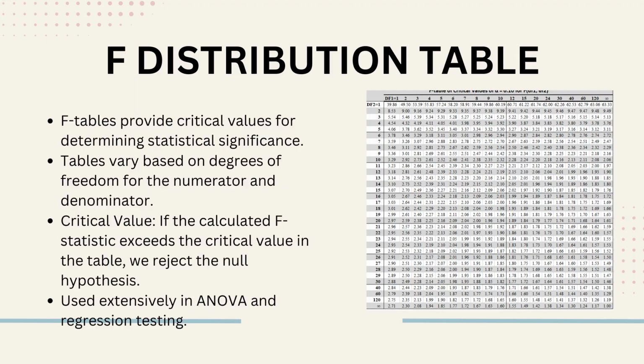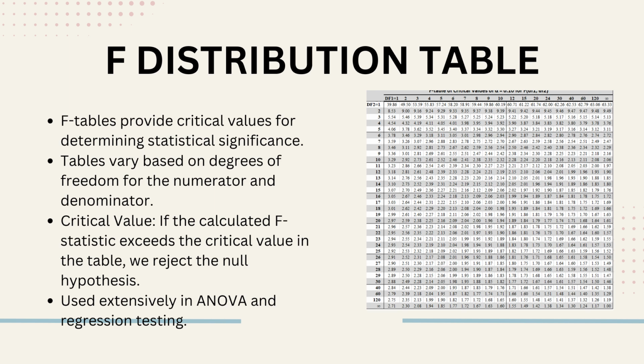Now, let's discuss the F distribution table, or F table. Here is the picture of the F table on the right side of the slide. When performing an F test, we often refer to the distribution table. This table provides critical values based on the degrees of freedom for both the numerator and denominator.